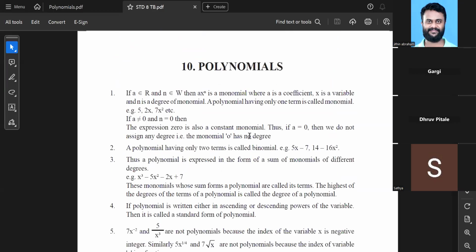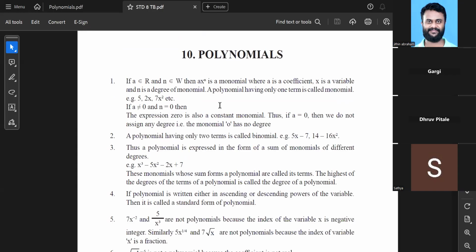Basically, what is a polynomial? I'll just explain the points over here and then I'll give you a basic summary.